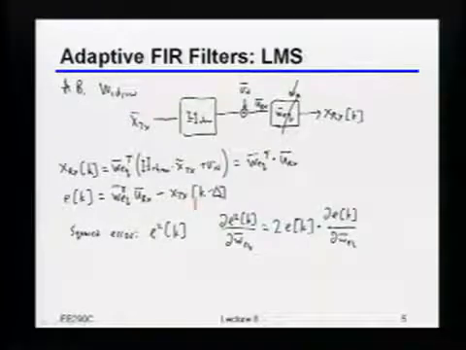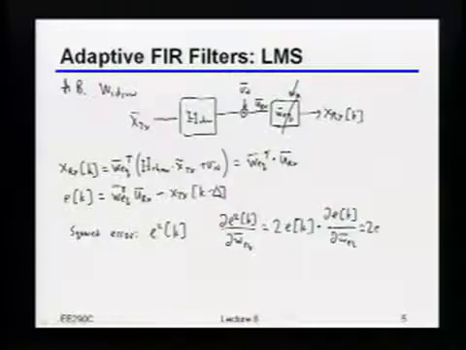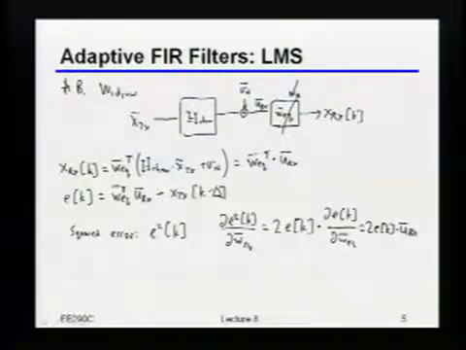So when I take the derivative, that just falls out, and all I'm left with is u_rx. So my derivative is just going to be equal to 2e of k times u_rx of k. And again, I'm using a vector here because this means it's the derivative with respect to each one of those individual coefficients.